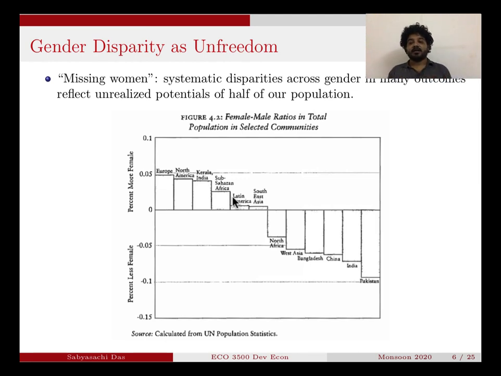So China is economically much more prosperous than sub-Saharan Africa, but in terms of gender disparity, you see women facing a lot of unfreedom or restrictions on living their lives fully in China relative to that in sub-Saharan Africa.